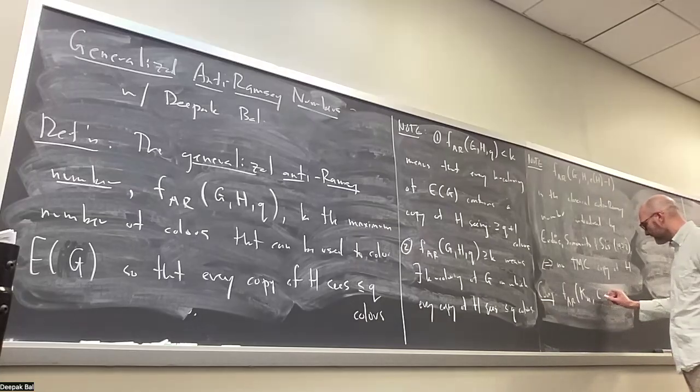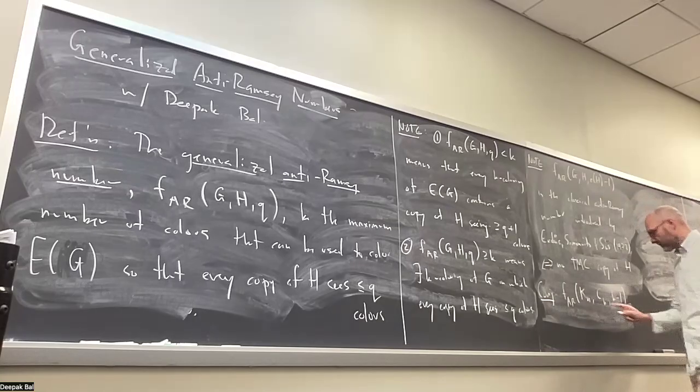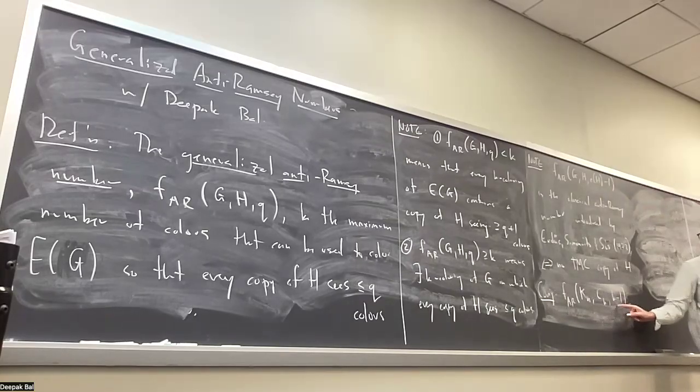They were interested in finding cycles, and since the number of edges in the cycle is k, they wanted to see at most k minus 1 colors on each copy of Ck. They conjectured that this was some constant dependent on k times n.